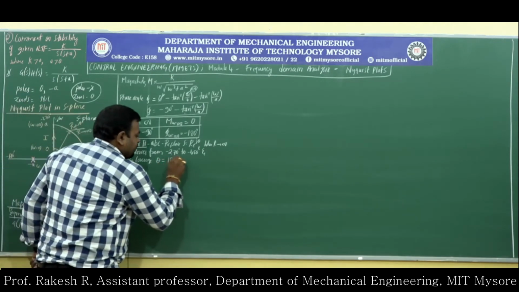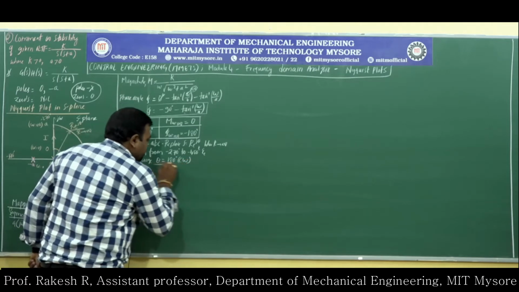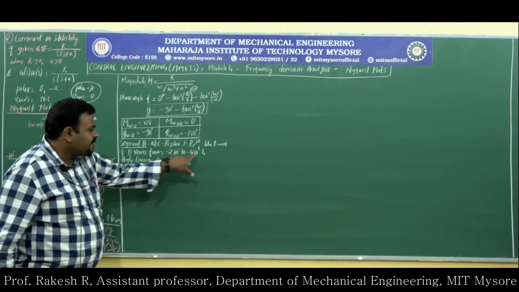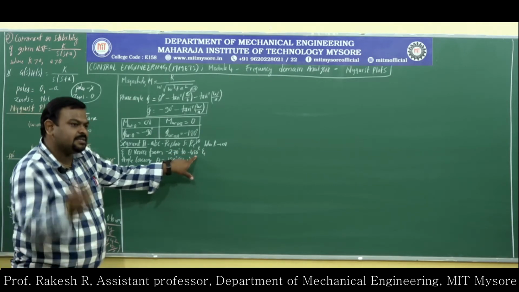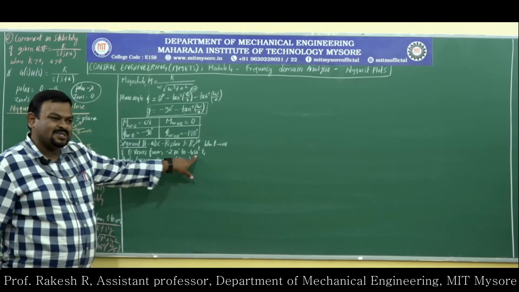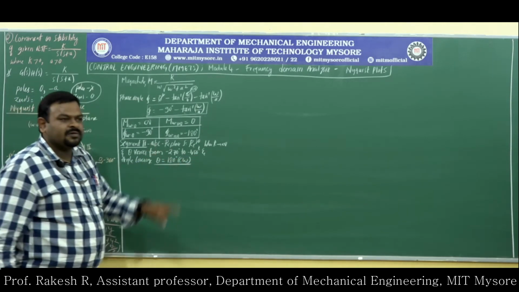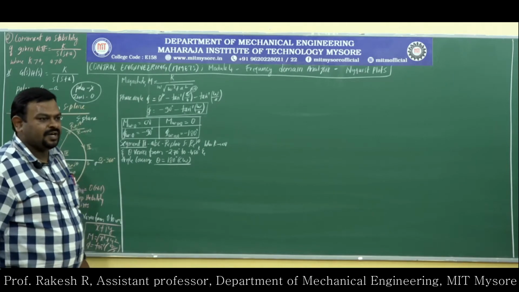This is the important data we want. How did you get 180 degree? Minus 450 minus of minus 270, so you will be left out with minus 180. Minus angle is clockwise. Got it? Next.